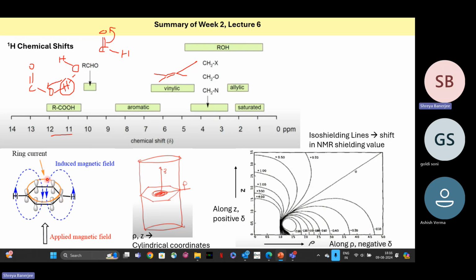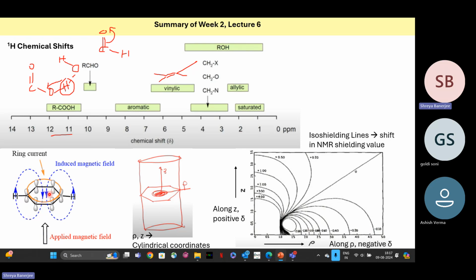Because of this ring current, an induced magnetic field will be formed, and we know according to Lenz's law that any induced magnetic field will be in the opposite direction to the applied magnetic field. So you can see the induced magnetic field is in the downwards direction and the applied magnetic field is in the upwards direction.